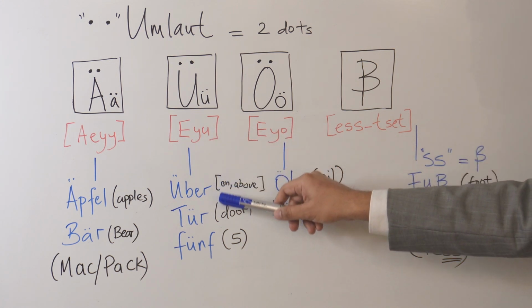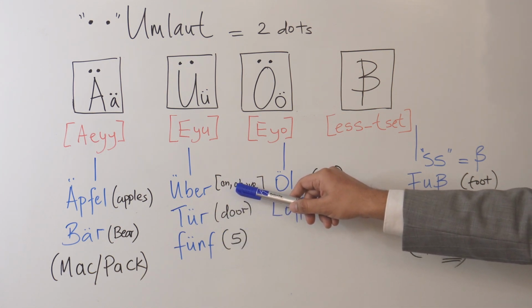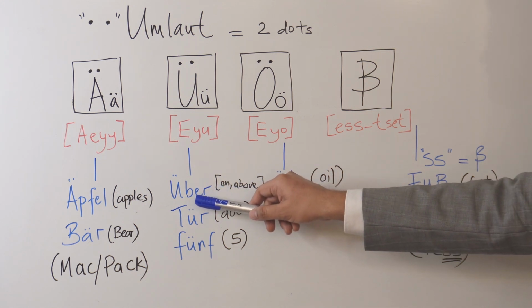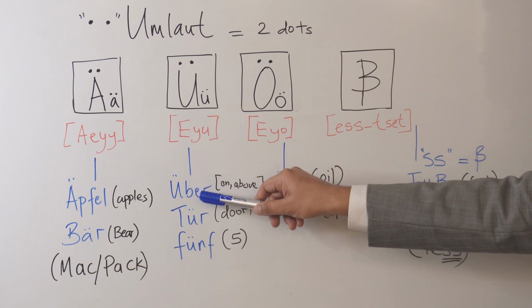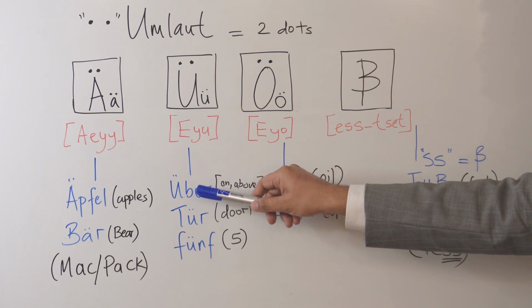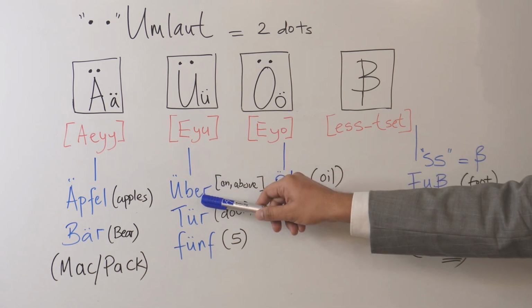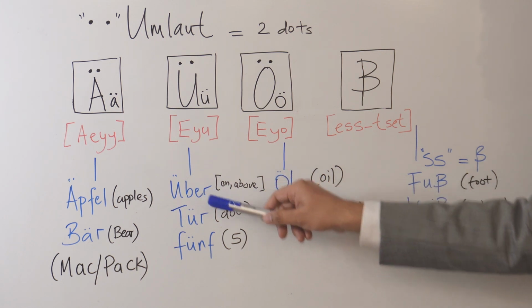Over here you will see three examples in German. The first one, in English we call it on or above. So it is über, über. When you remove the two dots, it will be converted to Uber. That is the wrong pronunciation. So with the two dots, with the umlaut, the right pronunciation is über.